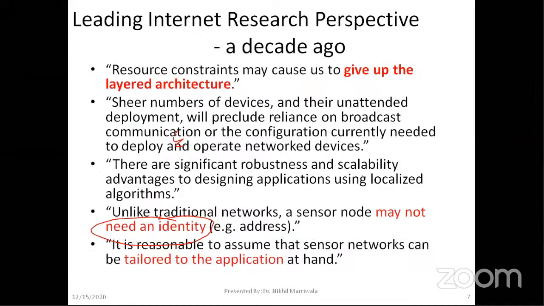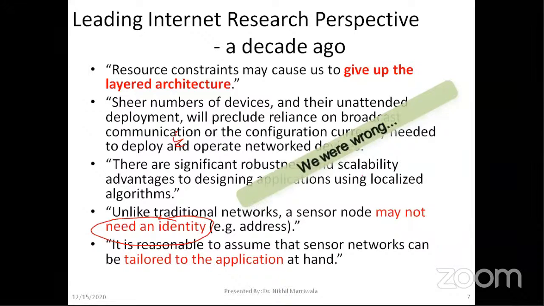So we will have to develop certain things, and it is reasonable to assume that sensor networks can be tailored to the application at the end, right? So we were thinking about this, and all what we found in the research was that we were totally wrong, right? We were thinking on some different scenarios, and we were limiting our things, right?